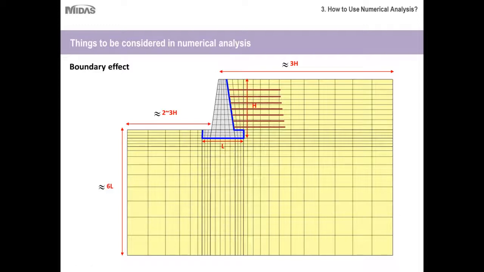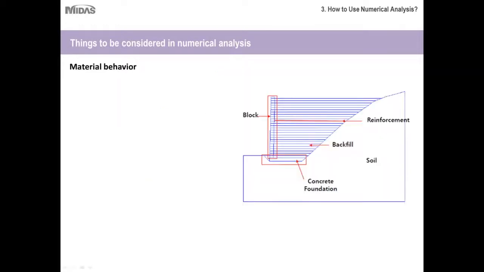So just to summarize, this boundary effect is needed so that the stresses are fully dissipated in the neighboring soil strata, and beyond that you can determine that there's no additional stress coming because of this existing construction. So that is first and foremost.